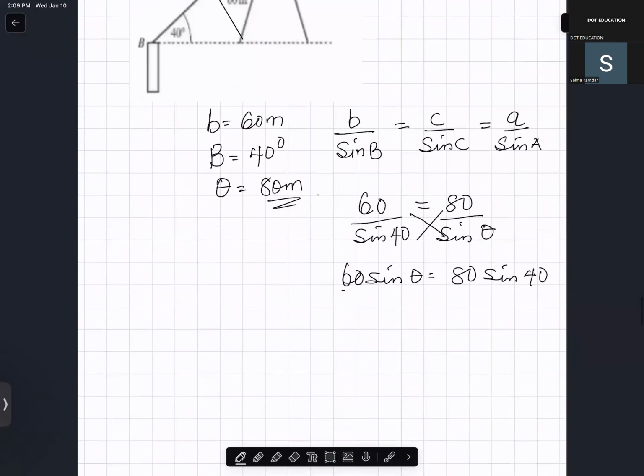So we divide by 60 in order to find sine theta. So we have 80 sine 40 is 51.42. So we have sine theta at 51.42 divided by 60.